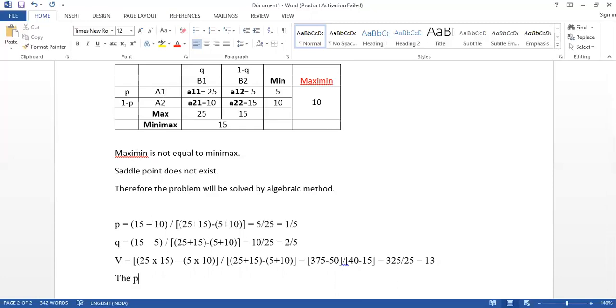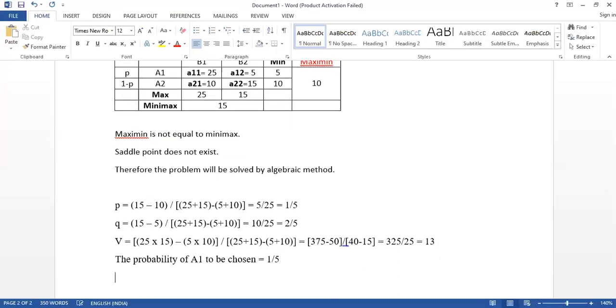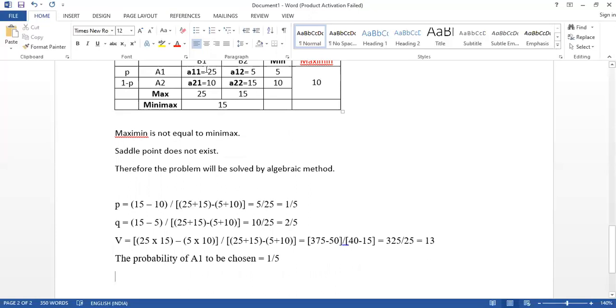So what we calculated is P is the probability that A1 will be chosen. So the probability of A1 to be chosen equals 1 by 5. Now, the probability of B1 to be chosen is Q. Therefore, the probability of B1 to be chosen equals 2 by 5.